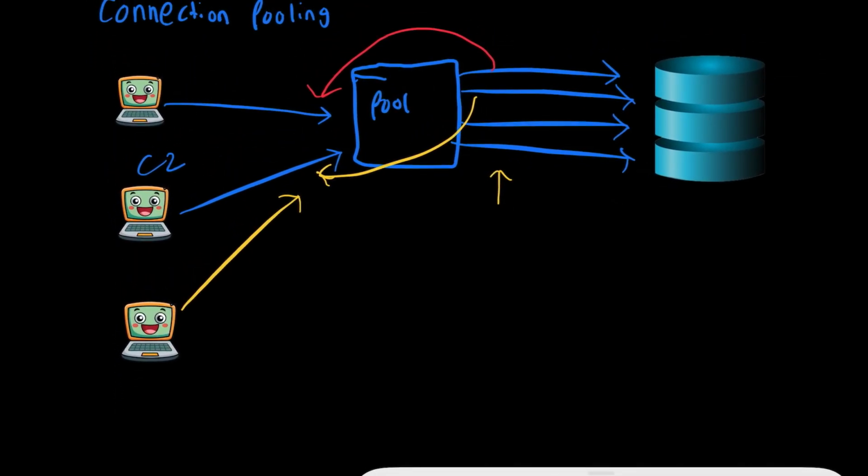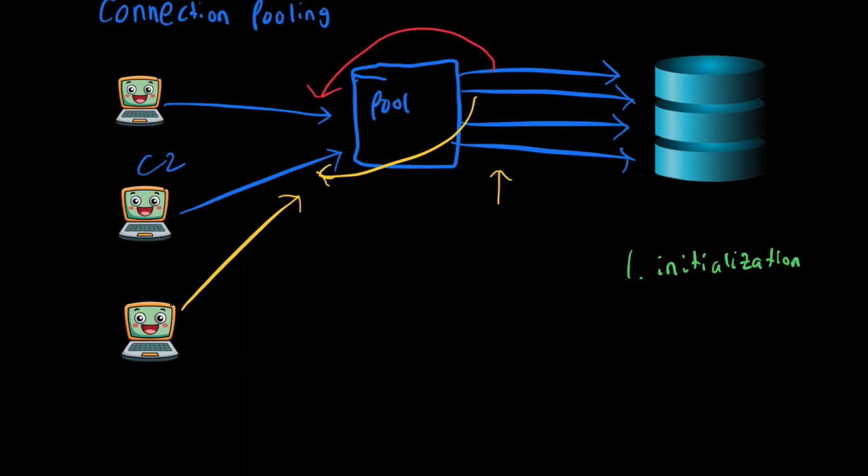So let's write them out. The first step is the initialization, and we can think of the initialization as the creation of all of these connections in the pool. So this is initializing connections to our database and storing all of those together.